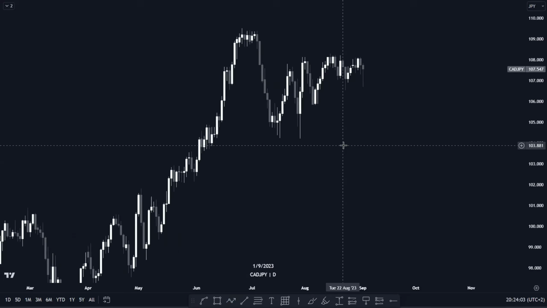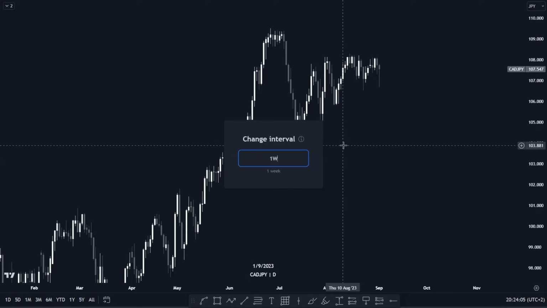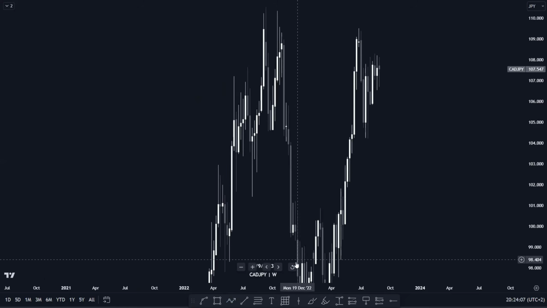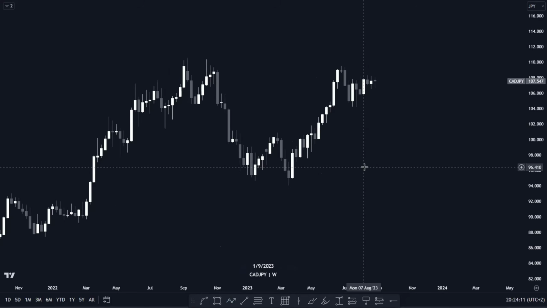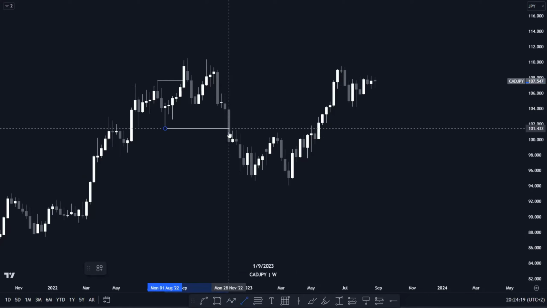Okay, so CAD JPY is a beautiful, interesting instrument, whereby here on the weekly chart we have this break of structure here on our weekly chart, and we have this change of character here. Okay, so this is going to be our break of structure.